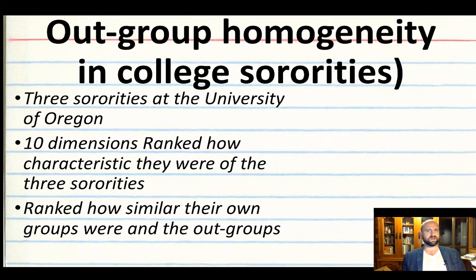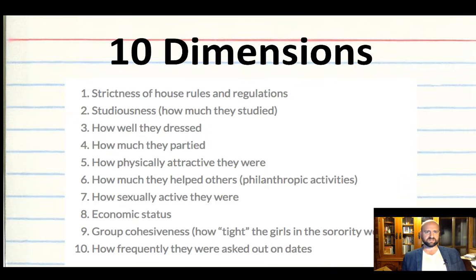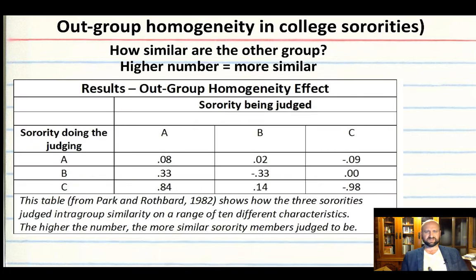Would they show in-group bias? Here are some of the dimensions: how much they partied, how well they dressed, economic status, how tight their group was. These are the 10 traits they were judging their own sorority and the other 2 sororities on.